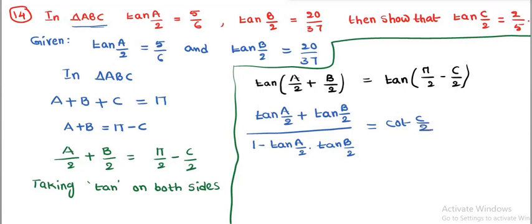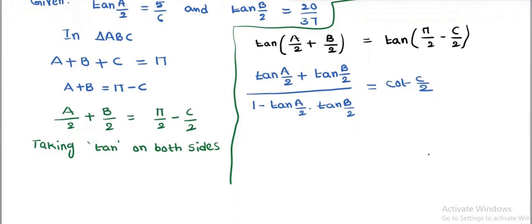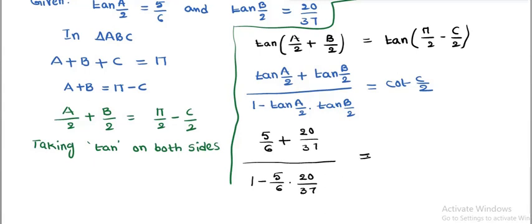Substitute each value. Tan A by 2 is equal to 5 by 6, plus tan B by 2 value 20 by 37, whole divided by 1 minus tan A by 2, 5 by 6, tan B by 2, 20 by 37, is equal to cot C by 2, which is written as 1 by tan C by 2.